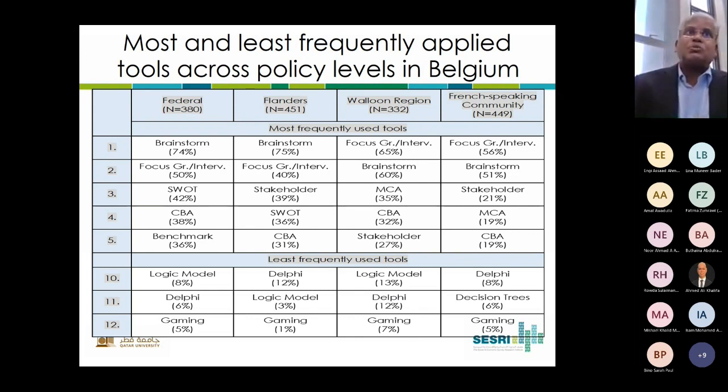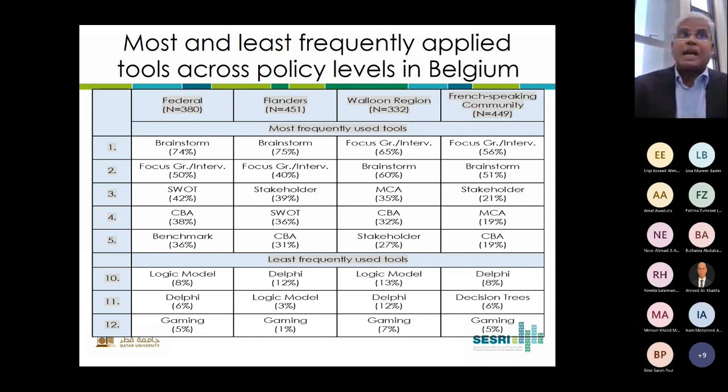The most frequently used tools, if you see the first 5 tools in this table, are brainstorming, focus group interviews, SWOT analysis, stakeholder analysis, cost benefit analysis, and benchmark analysis. These are the most widely used analyses, not only at the federal level, but also at the regional level. But the least frequently used tools are the logic model, Delphi, gaming, etc.